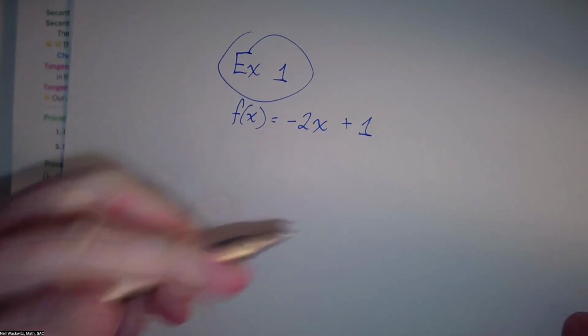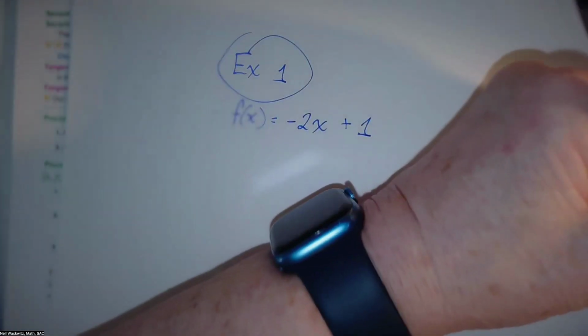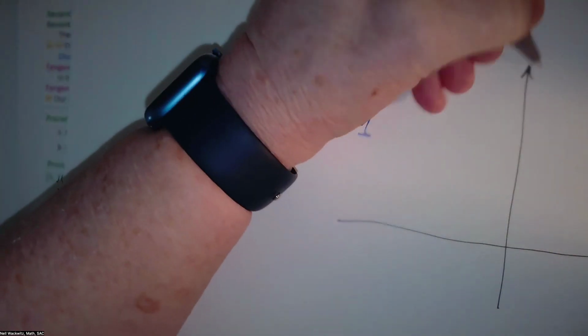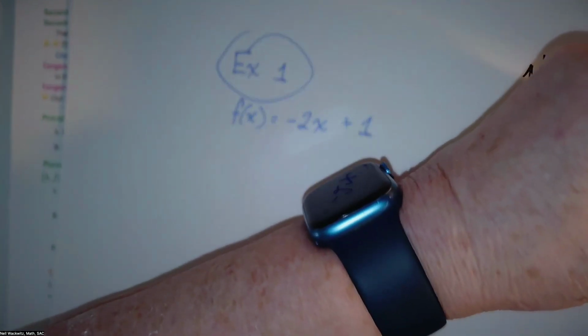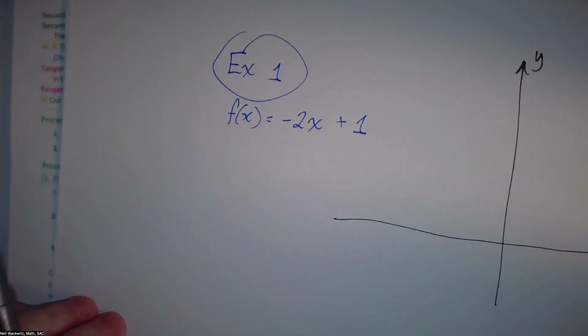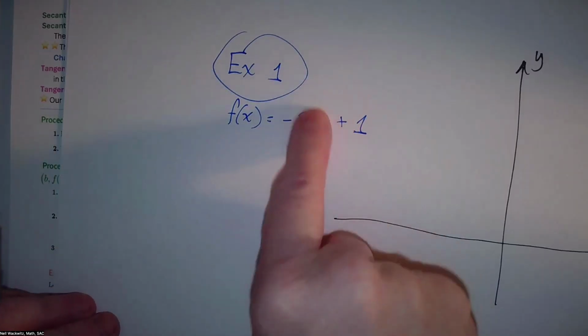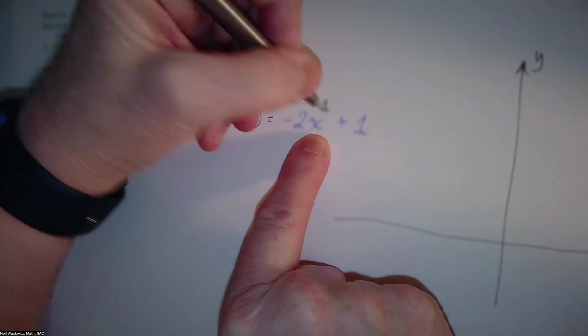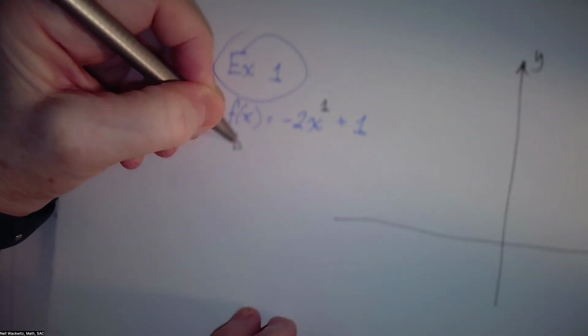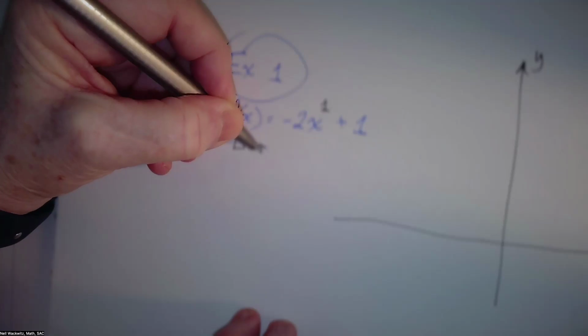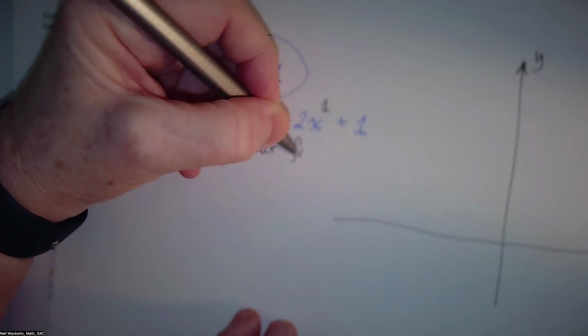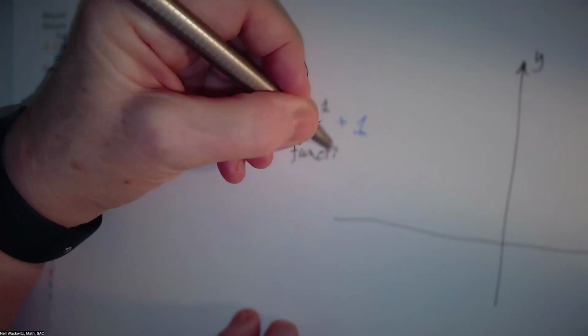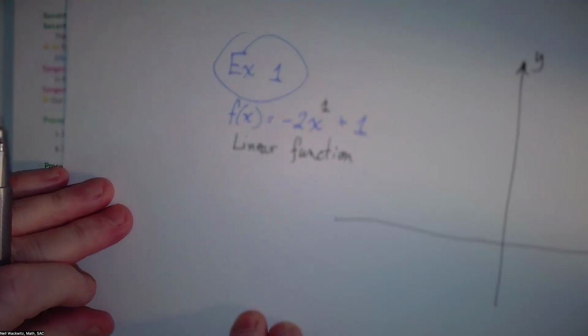And let's sketch the graph. We know that since the exponent on x is 1, this is a linear function. So it's a function that looks like a line.